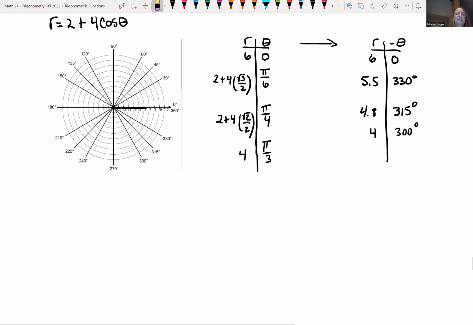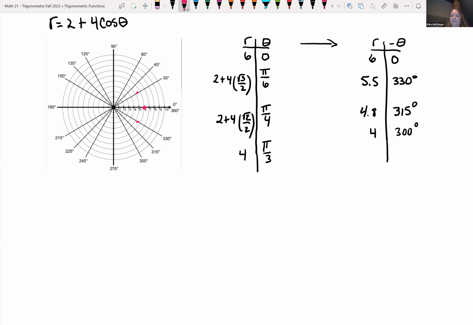So let's see what we have so far with those points. We have a point at theta 0, where r is 6. When theta is pi/6, or 30 degrees, we got 5.5, which was the same thing as 330, where we had 5.5.